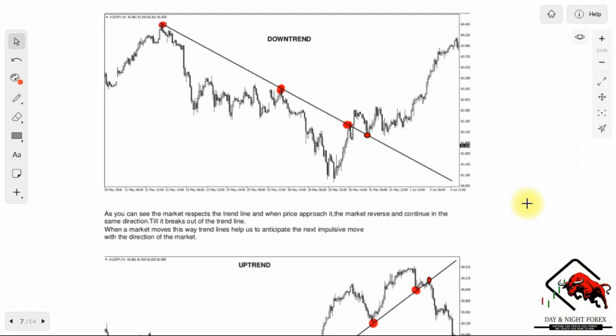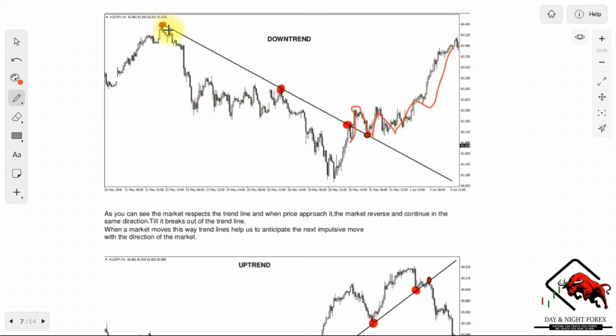As you can see in the picture above, the market respects the trend line, and when price approaches it, the market reverses and continues in the same direction. It will do this until it actually breaks out of the trend line. It breaks out to the upside or to the downside, depending on the market structure. In a downtrend, it will break to the upside, as you can see right there. It broke through, retested, and then the market just continued all the way up, right?